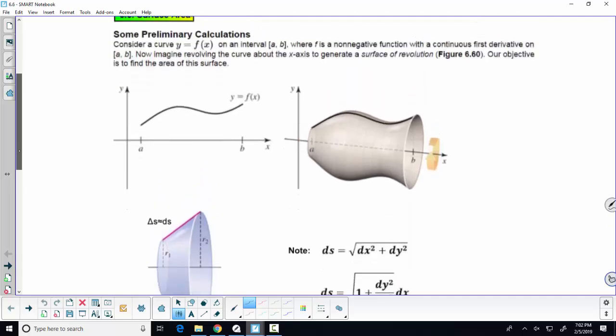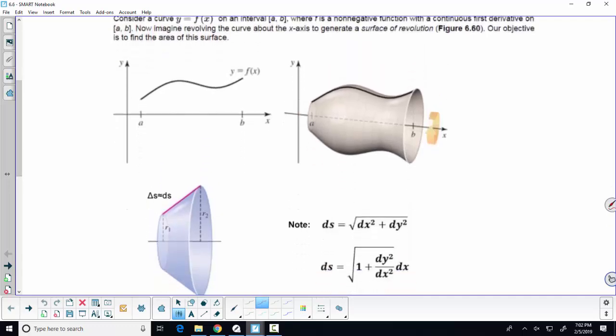But the idea is, if we look at this line segment here and revolve that around, so now we're back to revolving something around an axis. We say, what happens if I rotate that tiny little line segment around this axis? I generate what's called a frustum of a cone.